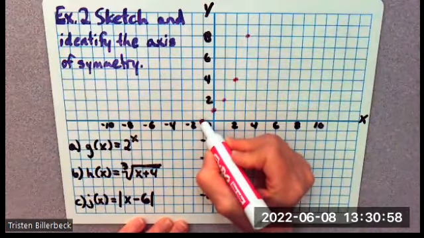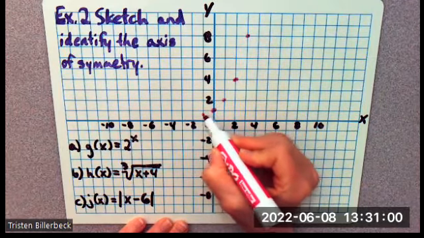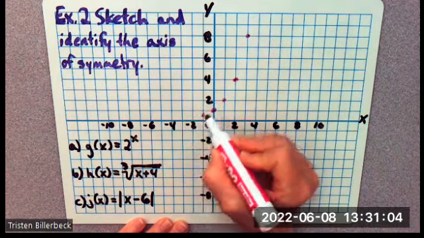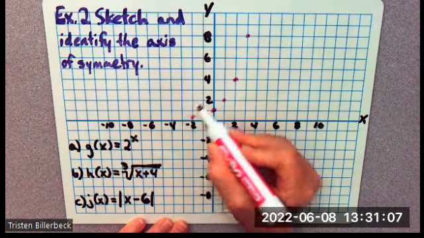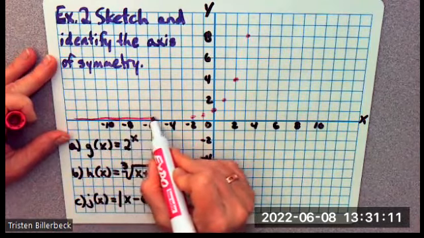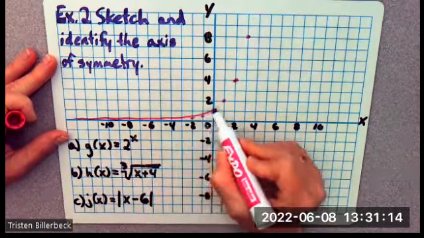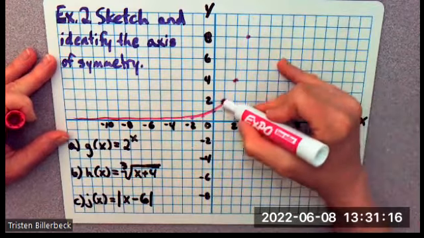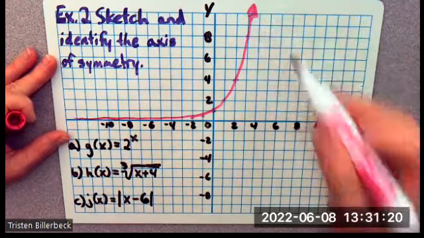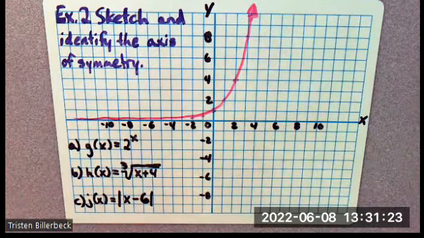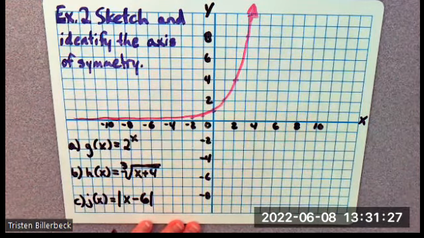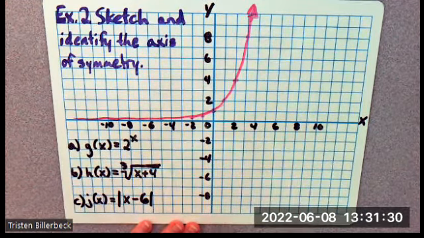When x is -1, 2 to the -1 is 1/2. 2 to the -2 is 1/4. So we have something that comes up slowly, curving up like this, and then going up like that. So that's this function. This one does not have an axis of symmetry, so we can't identify an axis of symmetry for that.